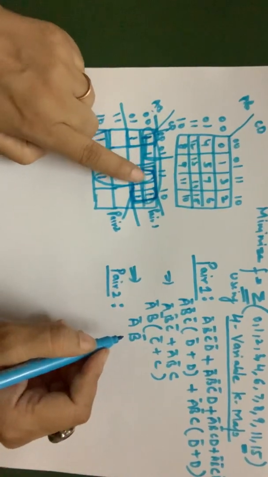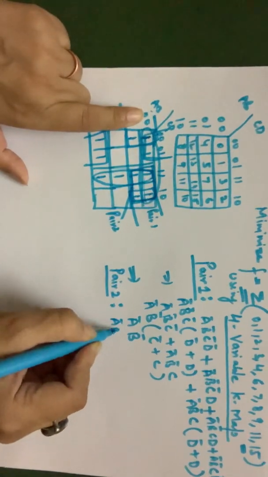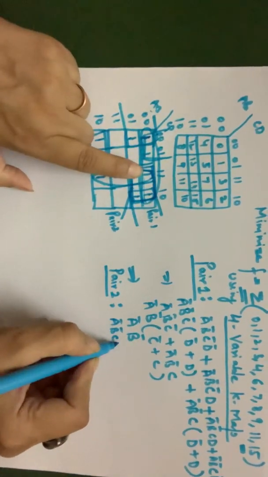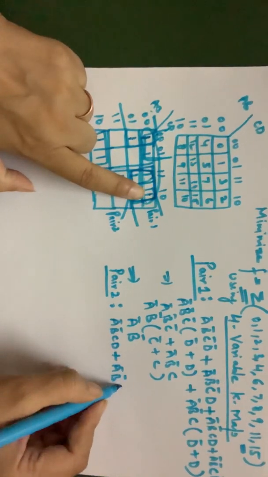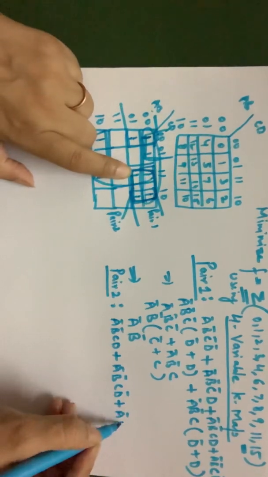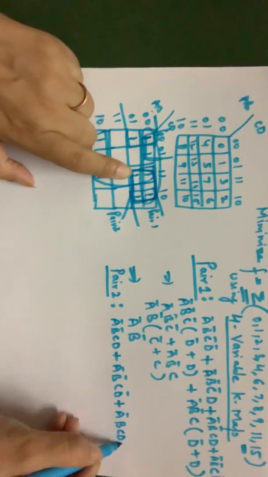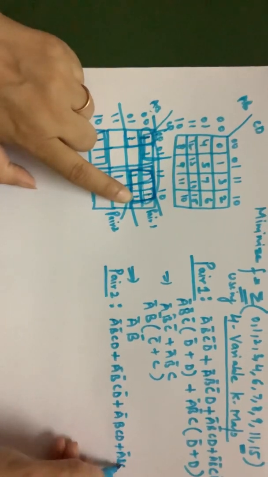Now see this one, horizontally and vertically. Horizontally for AB, this will be A bar, B bar, C D, plus A bar, B bar, C, D bar, plus A bar, B, C, D, plus A bar, B, C, D bar.